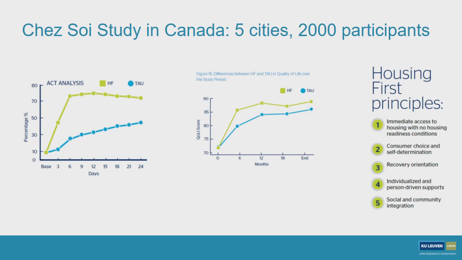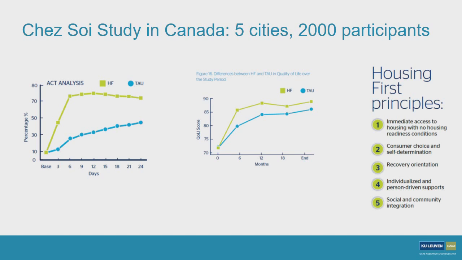And maybe a more important issue also, it's not in the table, but housing first is also much cheaper than treatment as usual. It seems very strange to believe that if you support people by giving them housing, that it's cheaper. In practice, it is, because when people are living on the streets, when people make use of residential services, they come in contact with the police, they're stealing things, they're getting in the emergency room of the hospital.